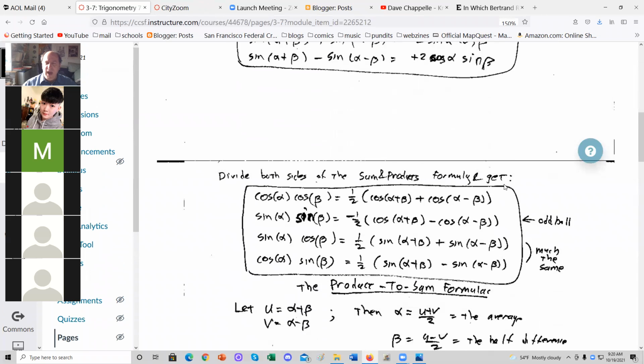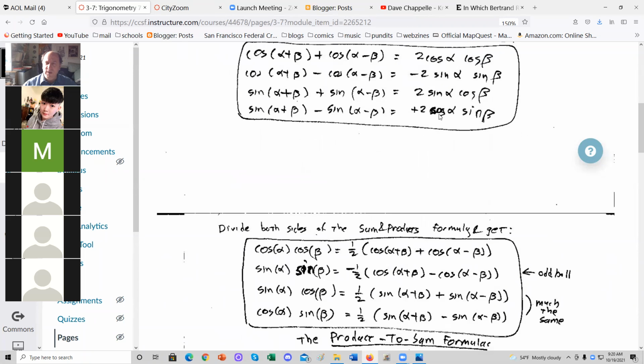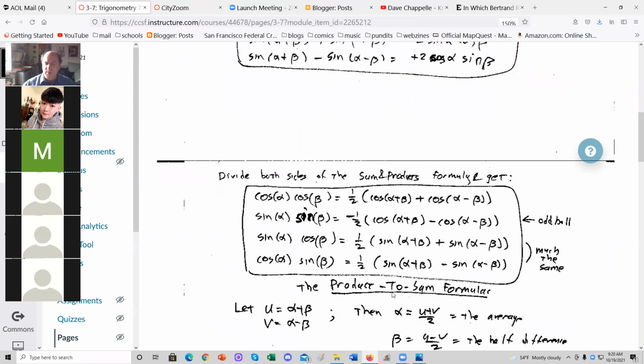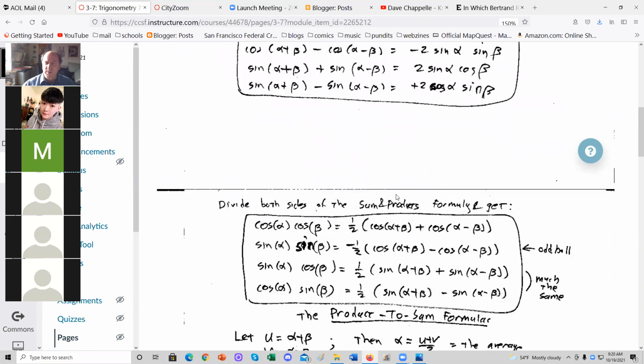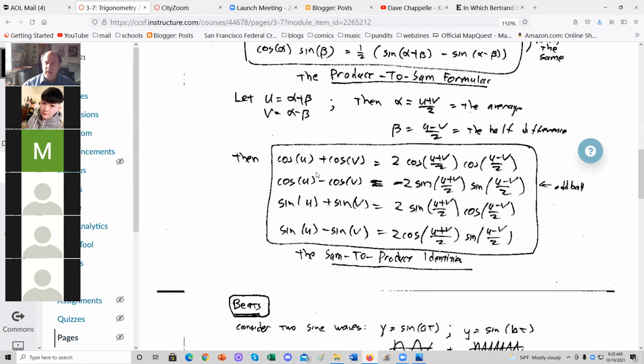And then after a bit of division, dividing this side by 2, you get that a set of products of sines and cosines will equal half a sum or difference of sines and cosines. That's the product to sum formulas. Or from here, we do a variable substitution and get the sum of cosines or difference of cosines or sum of sines or difference of sines is equal to products of cosines and sines. That's the sum to product identity.